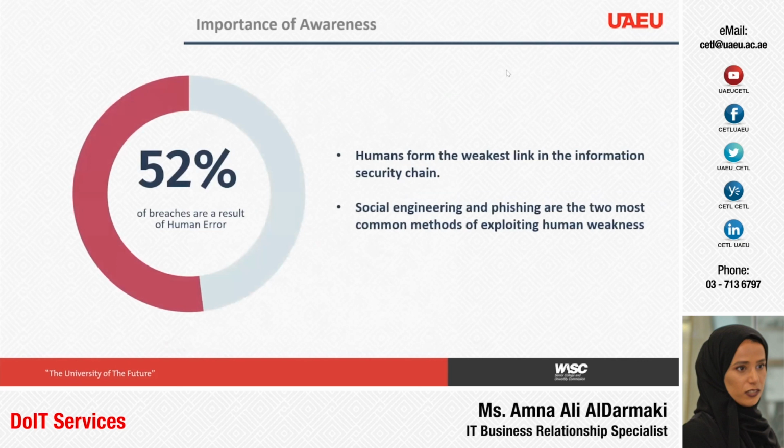So we all think that it will be difficult to actually misguide us or maybe threaten us, but the fact is that we humans are the weakest link in the information security chain, because sometimes we judge based on our feelings, and 52% of the breaches are a result of our error, human error.